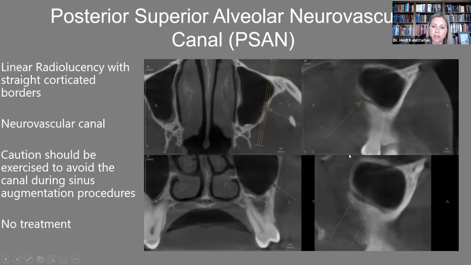The main reason in this area is it's going to cause a lot of bleeding. It's going to be very difficult for you to see your surgical site. Rarely, it can also cause a sensory deficit. So definitely something that you want to look at when you're doing any sort of sinus augmentation procedure.